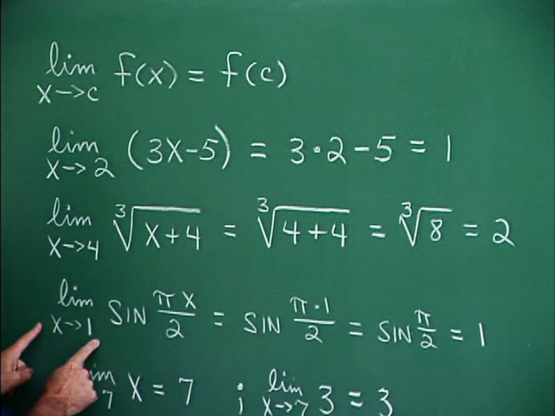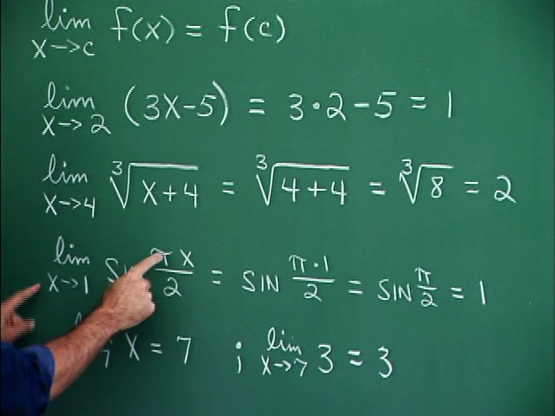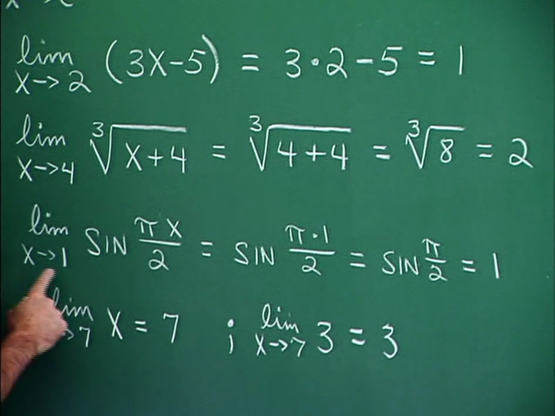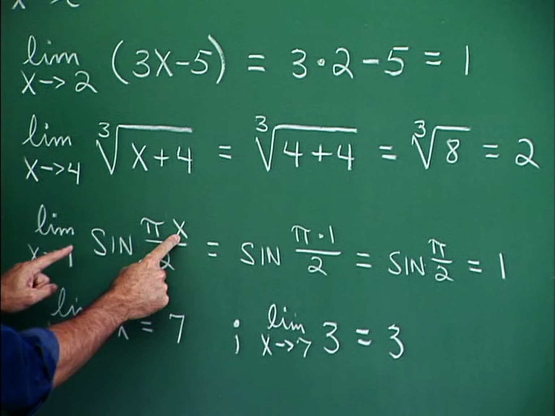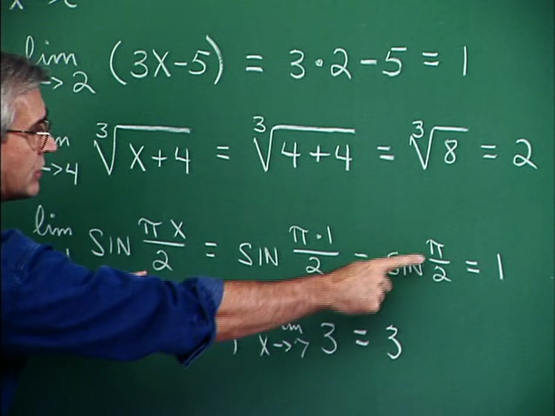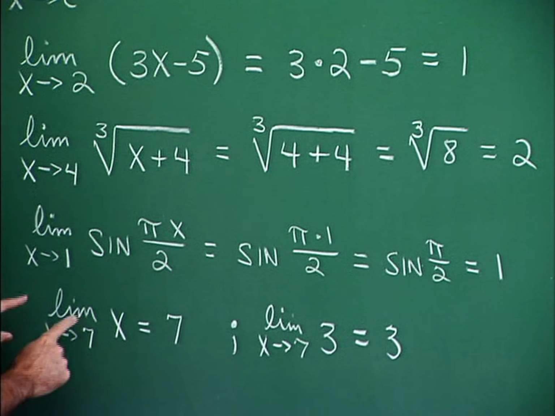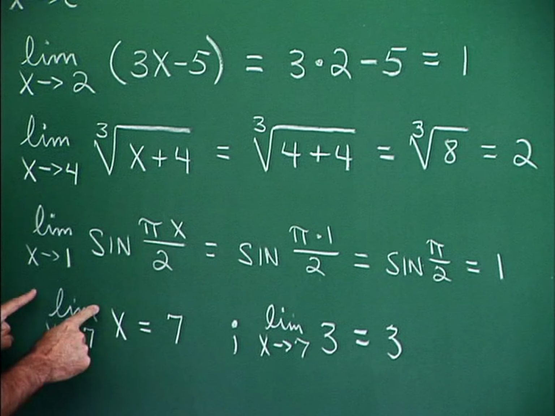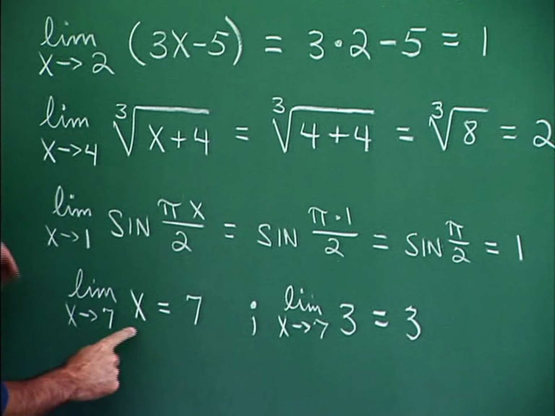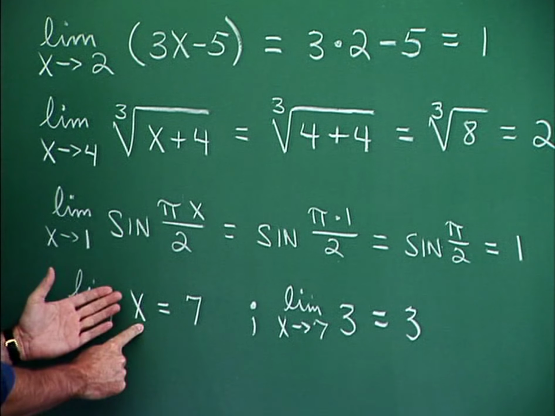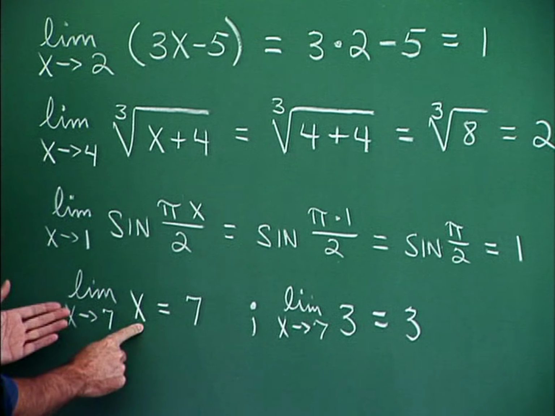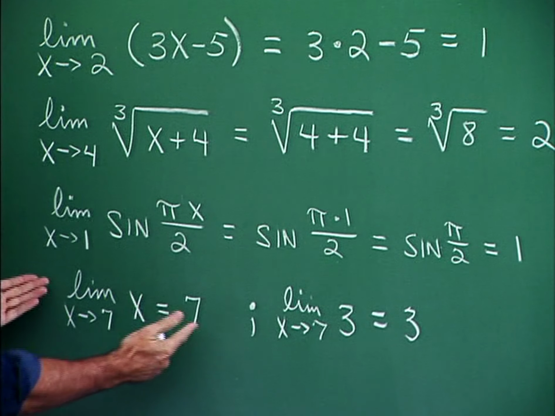The limit as x approaches 1 of the sine of this fraction looks kind of imposing, but it's no big deal. Replace x with 1, and we have the sine of pi over 2, which is 1. And these are even more trivial. The limit as x approaches 7 of x: f of x is x, so replace x with 7, and we have 7.